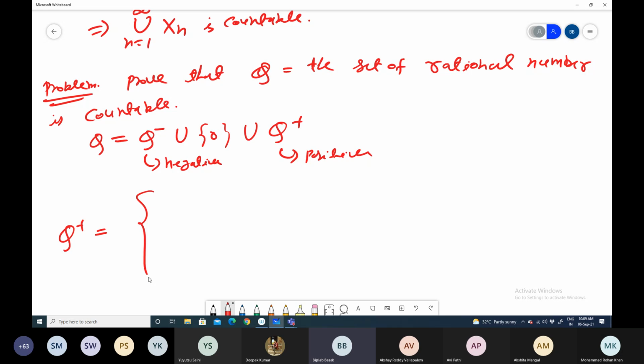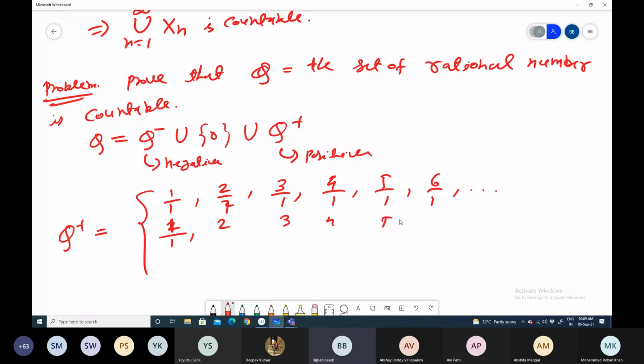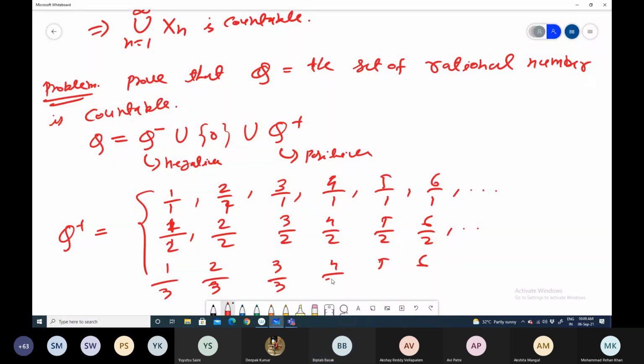You can write this Q plus in this way: 1, 2, 3, 4, 5, 6, then 2, then 1, 2, 3, 4, 5, 6, now this is 3, in this way.